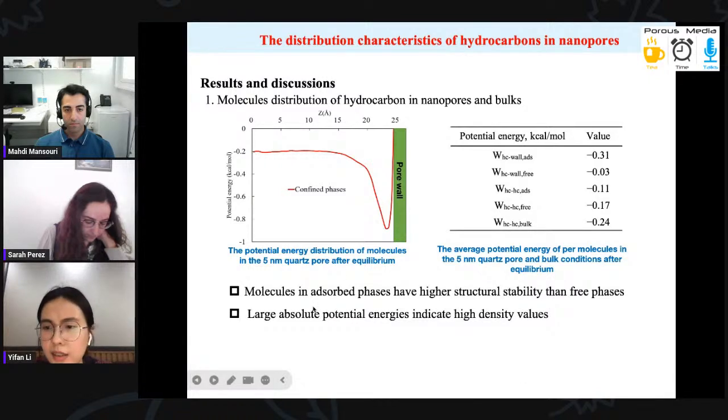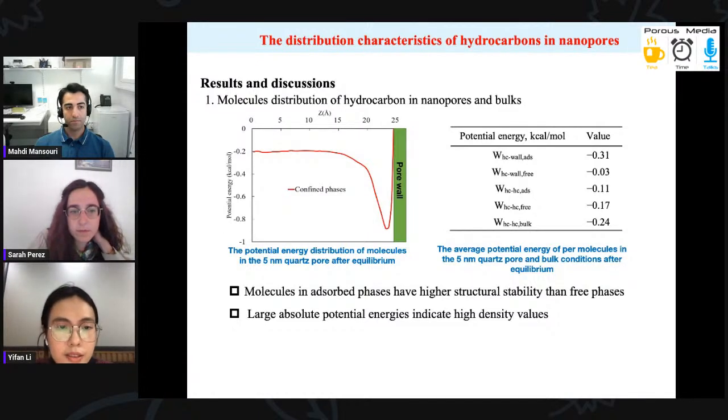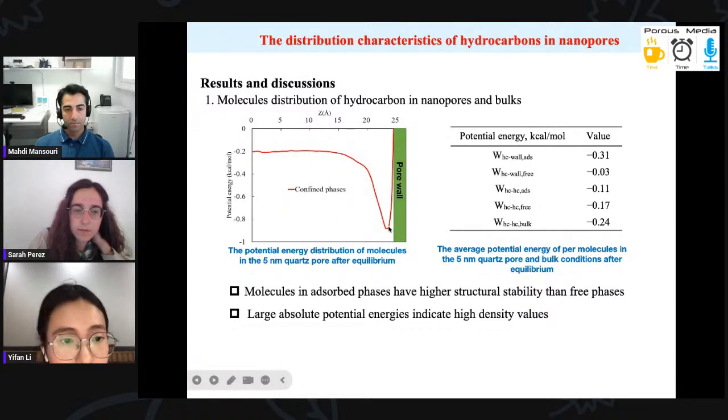In this slide, I present the absolute values of potential energy per molecule. As we can see from the graph on the left-hand side, the largest absolute value of potential energy occurs at the position quite close to the pore wall.